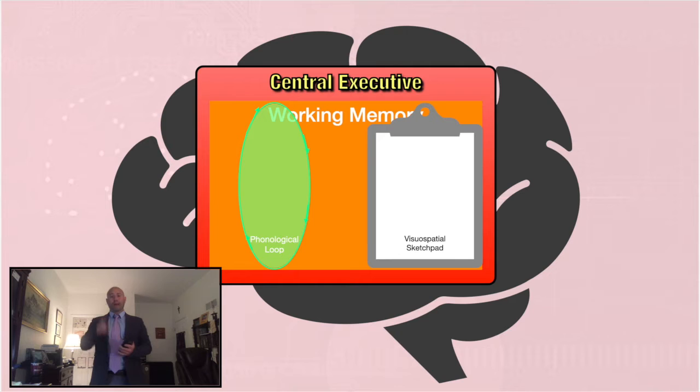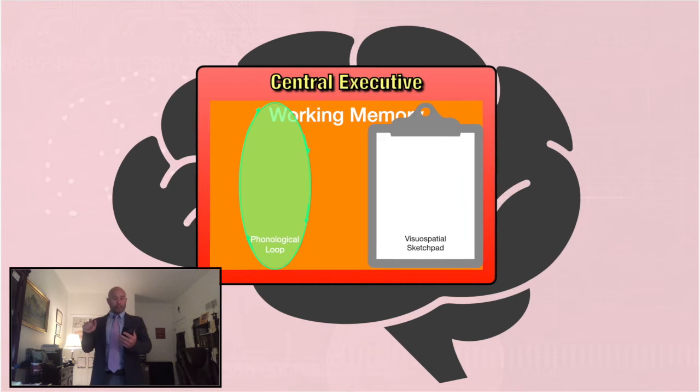Now, working memory has two important parts that we're going to focus on today: the phonological loop and the visuospatial sketchpad. I love those names. They sound complicated. Took me a while to get used to them, but these are the important functions.